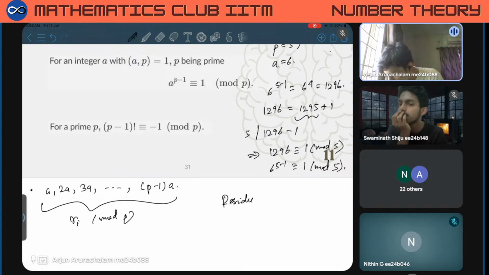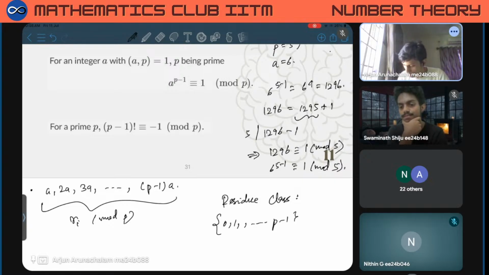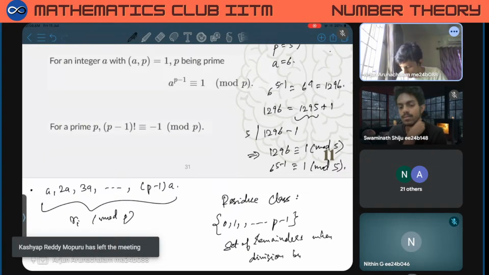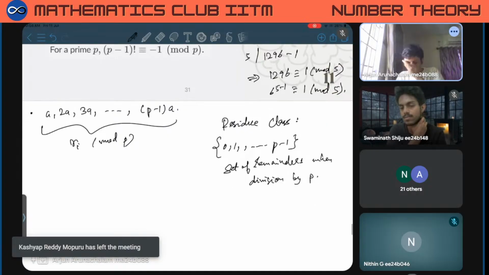This is essentially the set of all remainders when you divide by p. So it will be 0, 1, so on up to p minus 1.